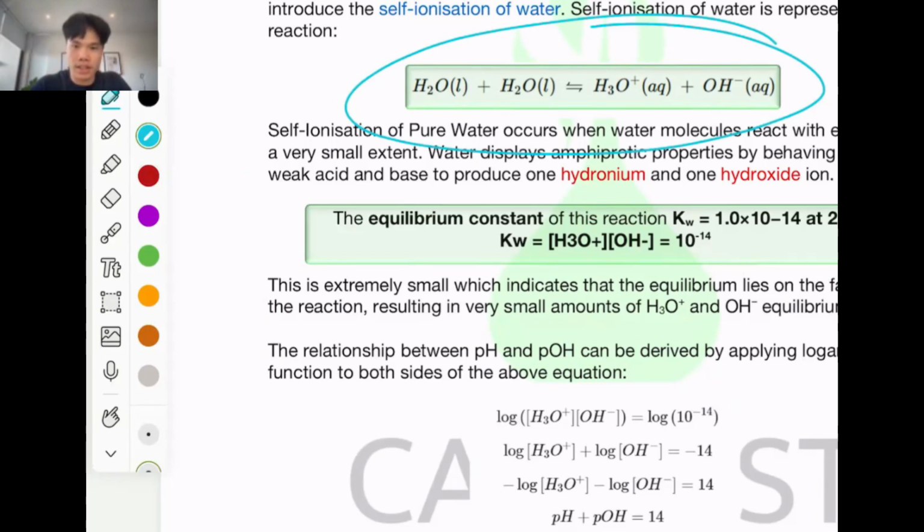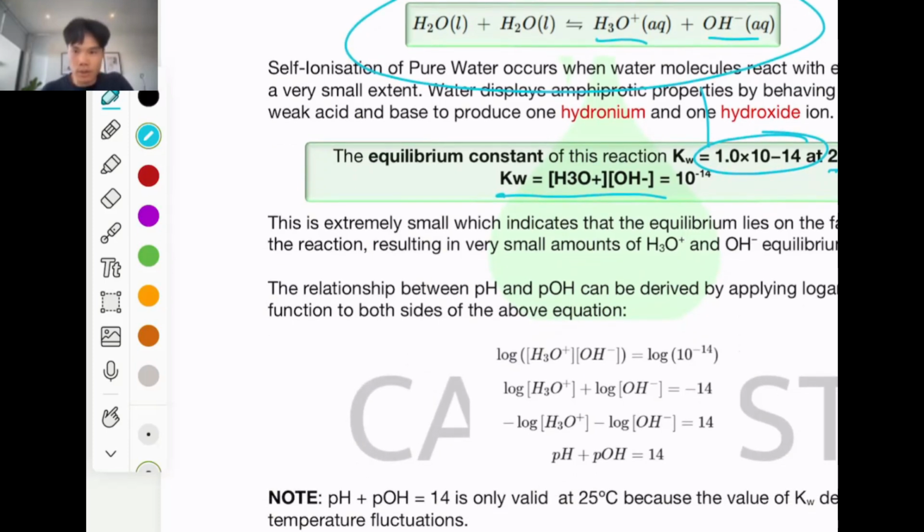So water can act as an acid and a base in the same equation to form these two substances. You can derive from that a Kw value, your self-ionization or autoionization constant, which equals 1 times 10 to the negative 14 at 25 degrees Celsius. So the Kw expression is simply hydronium times hydroxide concentrations equals 10 to the negative 14.